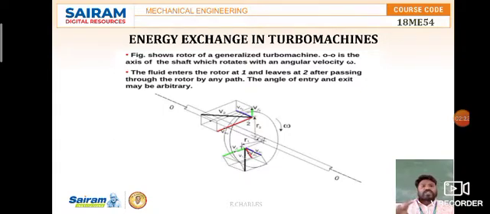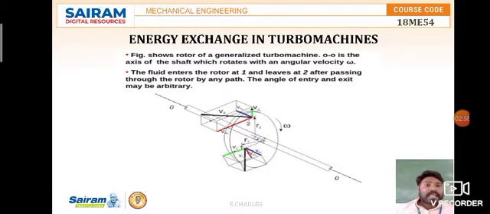Water can enter in a particular direction depending on the nozzle's position, and after hitting the turbine blades, based on the design and the position of the blades, it will leave in any position. So the angle of entry and exit may be arbitrary.